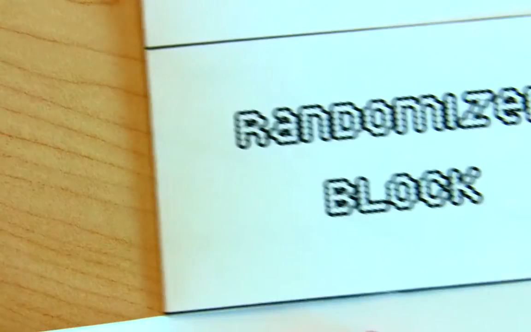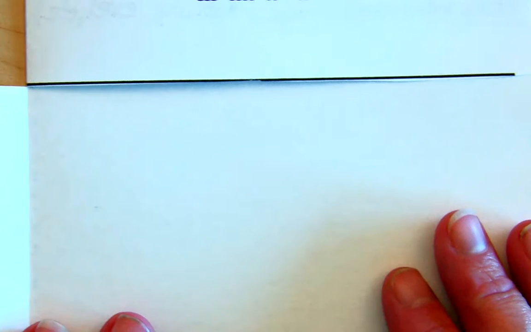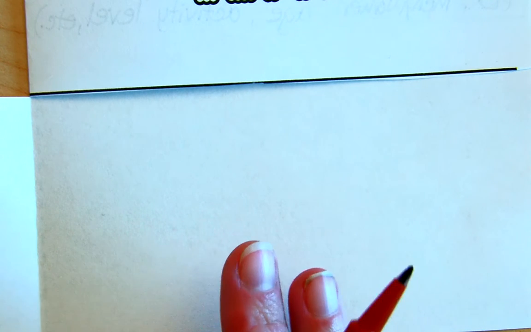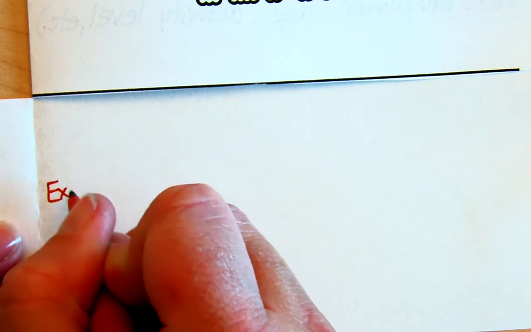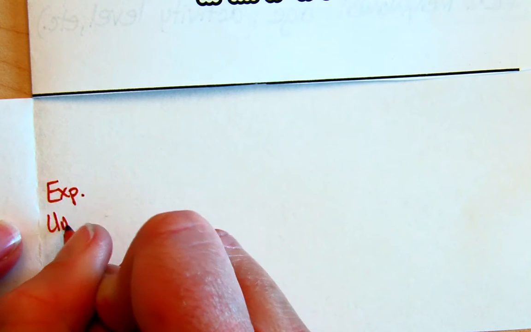All right, matched pairs. This is our third one. This is very similar to the blocking, to the randomized block. This is where we take our group of, you're going to need to write small, sorry, experimental units.